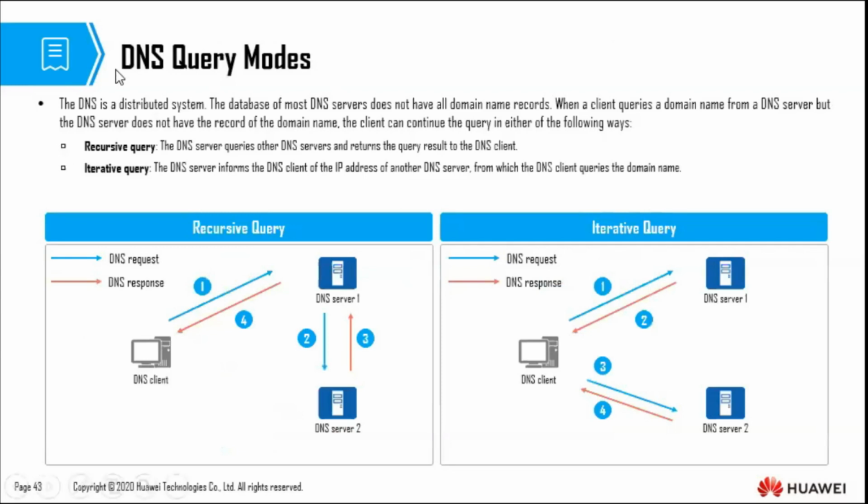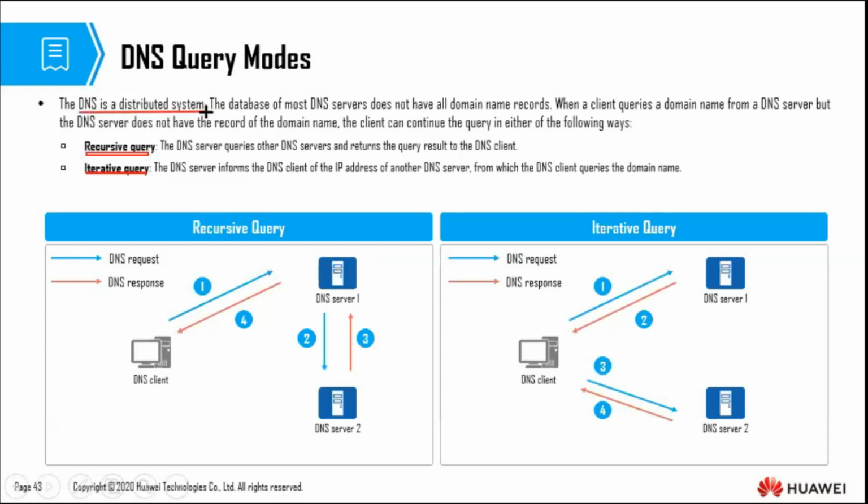Okay, so DNS query modes, we have two modes, the recursive query and the iterative query. So we want to understand the difference between the two. Now, DNS is a distributed system.